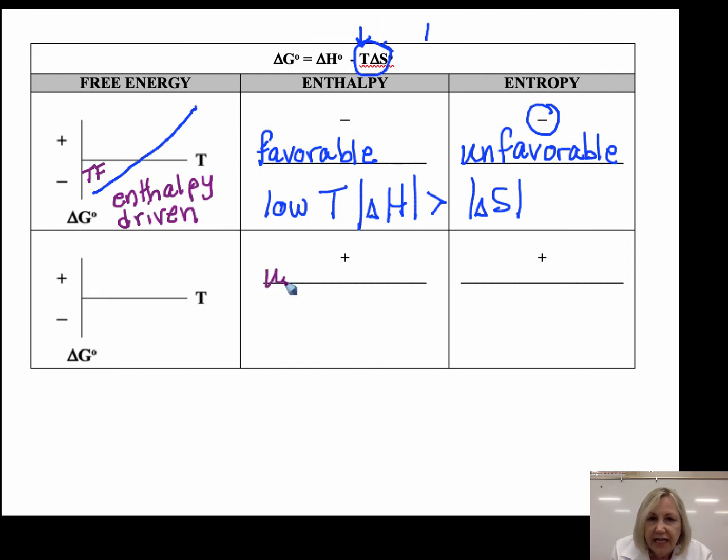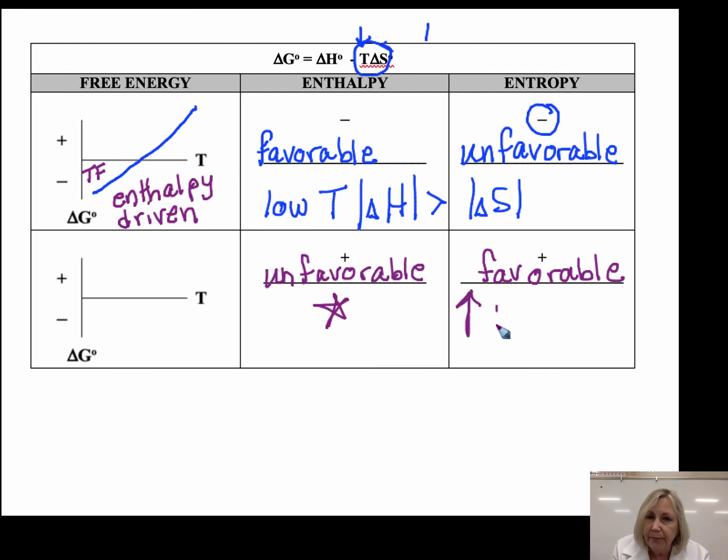Here we have an unfavorable, or endothermic, delta H, but we have a favorable entropy. It's possible to overcome the unfavorable enthalpy if we increase our temperature to maximize that entropy.